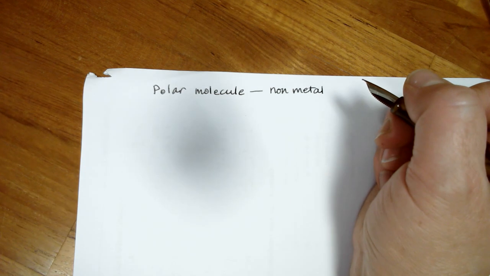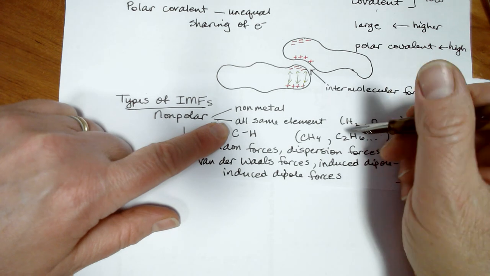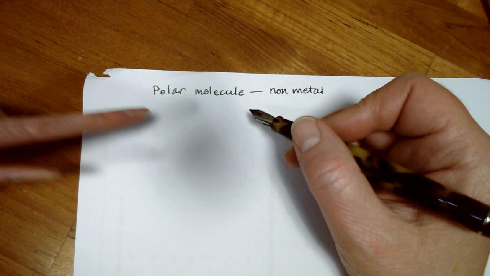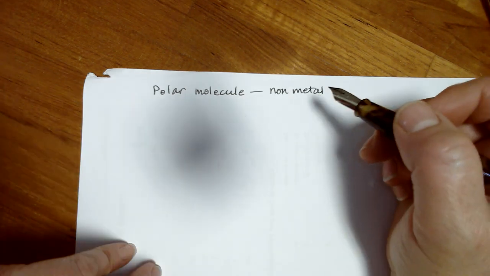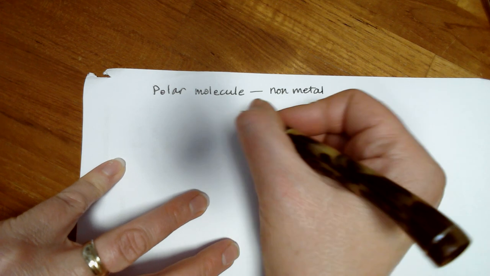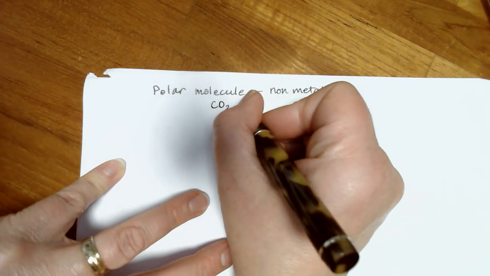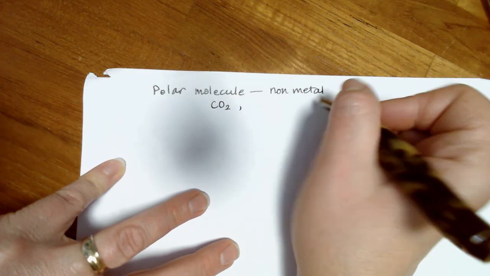So we still have nonmetal elements here, but if we don't have the same element and they aren't all just carbon hydrogens, then it's probably going to be a polar molecule, even if it's not a really strongly polar molecule. Okay, so something like carbon dioxide, or lots of different things.